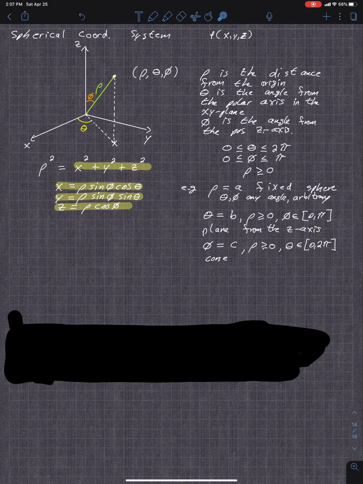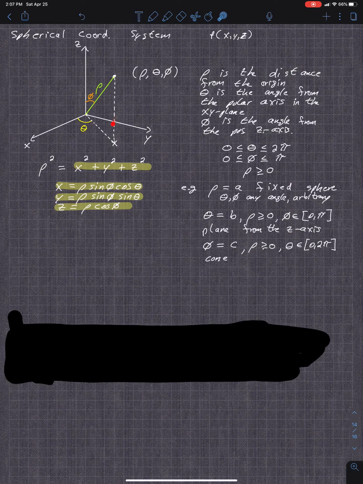Then for this point, there's an angle you can describe from the x-axis out to wherever the point is. So from here, it's the x-axis out. That's the same theta as in polar. So we'll call that rho, and then theta is the angle from the x-axis out.